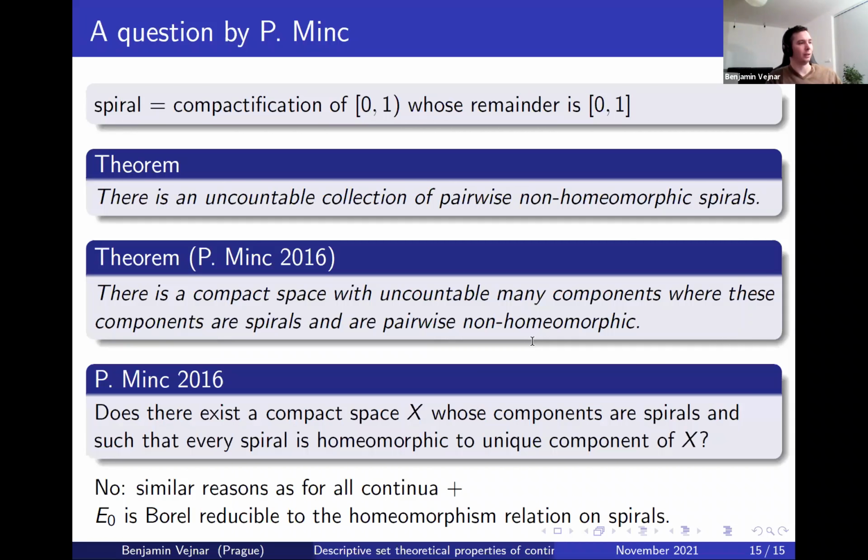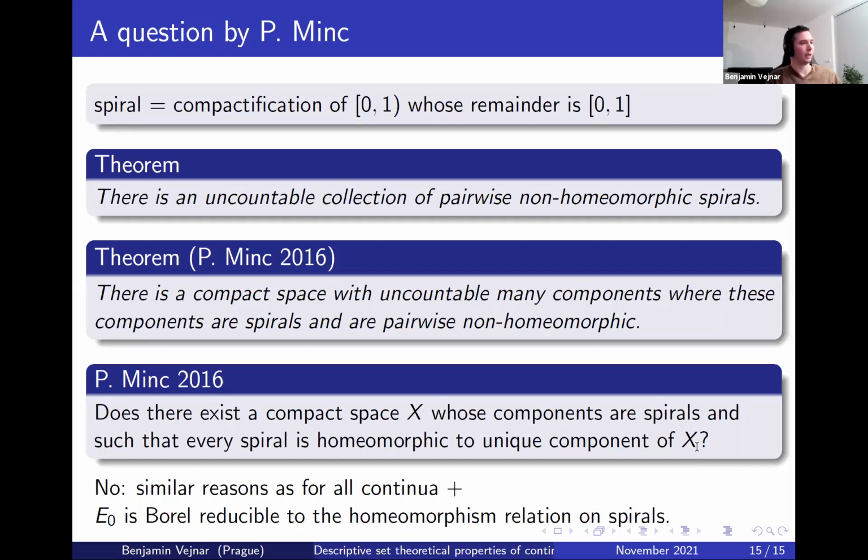And he asked whether his construction can be enhanced to get a compact space whose components are spirals, such that every spiral is homeomorphic to a unique component. So no two components can be homeomorphic.